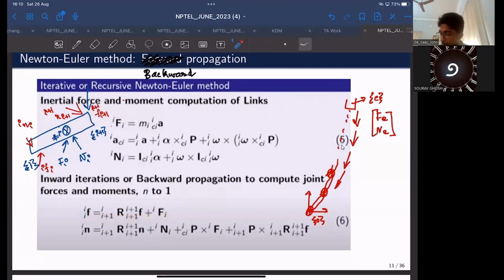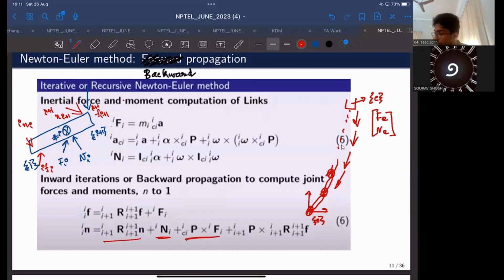And if we do a moment balance, INI would be the moment contributed by the inertia, that is this term. We also have a moment contributed by the I+1 frame, that is this term. We have covered this term, we have covered this term. And we also have a moment contributed by the inertial forces. There will be a distance P, if this is the distance between the ith frame and the center of gravity. So P cross Fi would be the moment contributed by the inertial forces, that is this term.